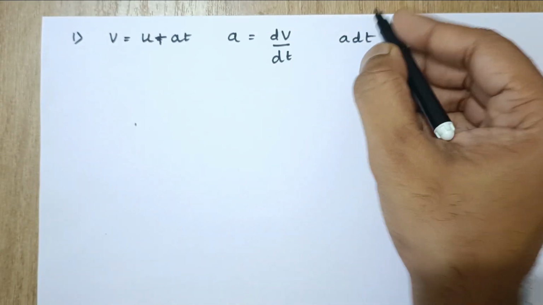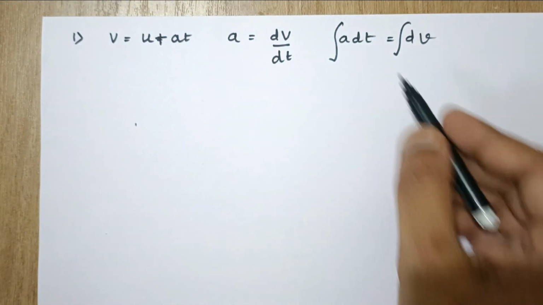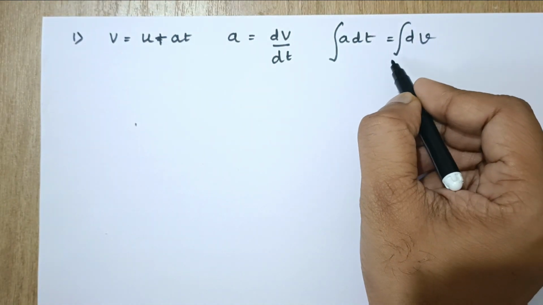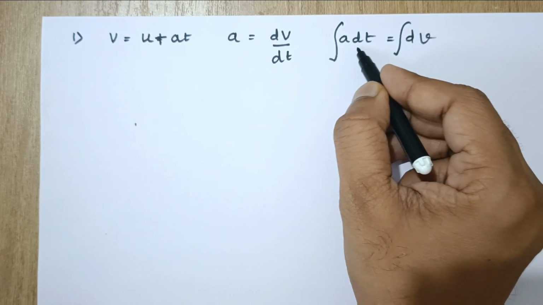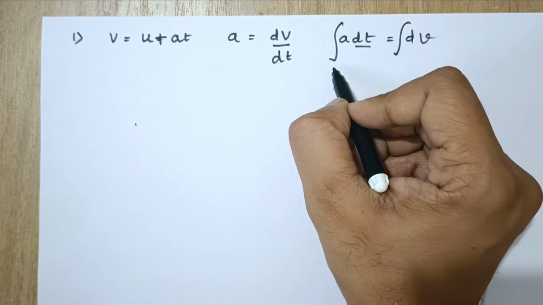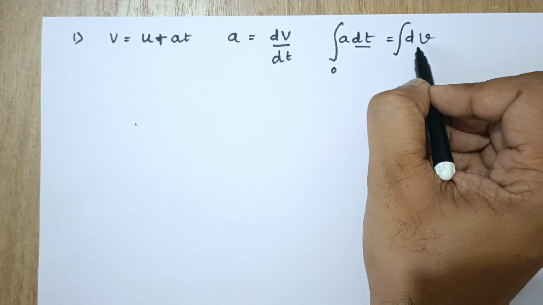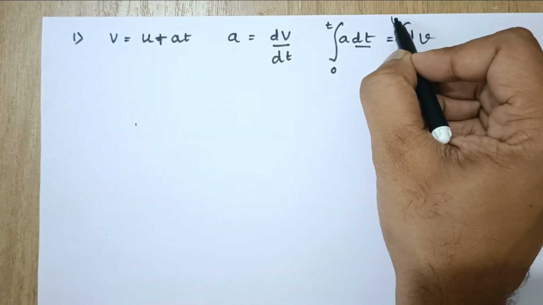All right, now I'm going to integrate both sides. Since we have dv, the limits of velocity would be here, and since it is dt, the limits of time would be there. At time t equal to 0, the velocity was u. At time t, the velocity was v.